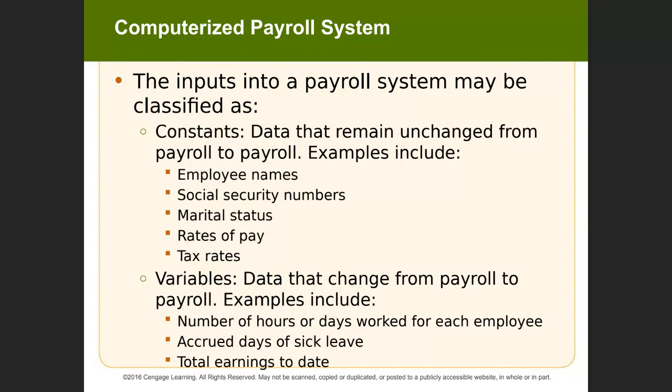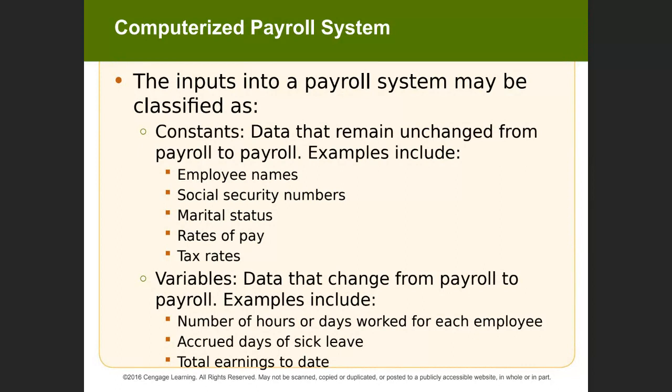Yes, names can change with marriage and divorce, and rates of pay can change with raises, but for the most part, these things stay constant. It doesn't change every pay period, like if you get paid weekly, every single week. So that's why those are considered constant.